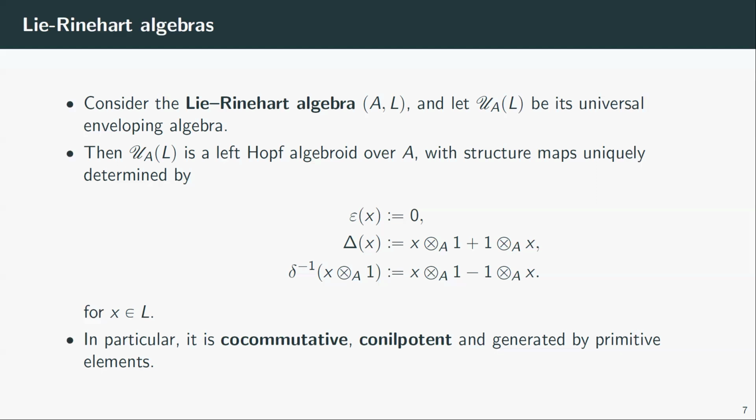And being conilpotent means that for any h, there will be some n for which the delta n bar of h will be equal to 0. And this is natural here, for example. The kernel of delta bar is just the primitive elements.